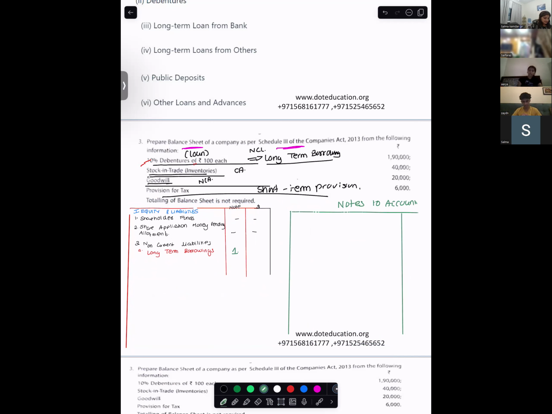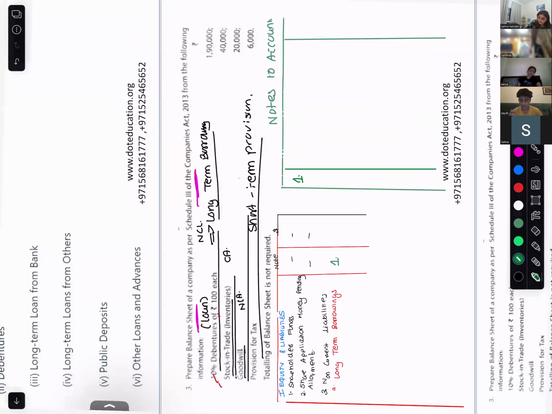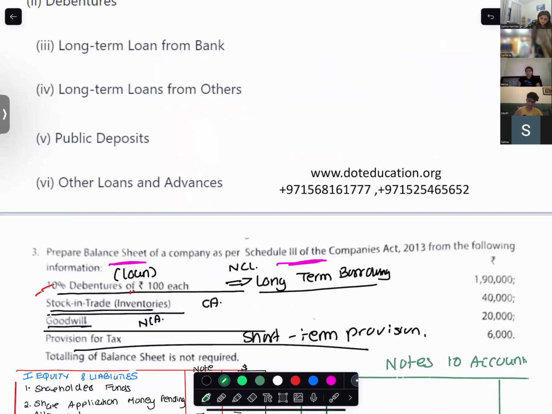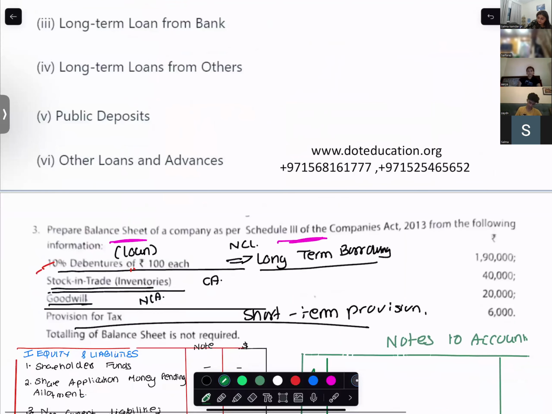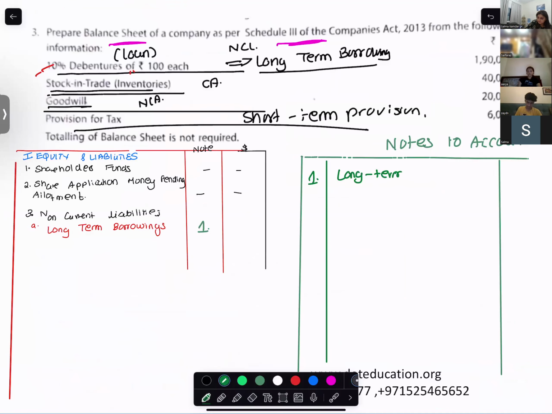My note number 1 is for long-term borrowings.